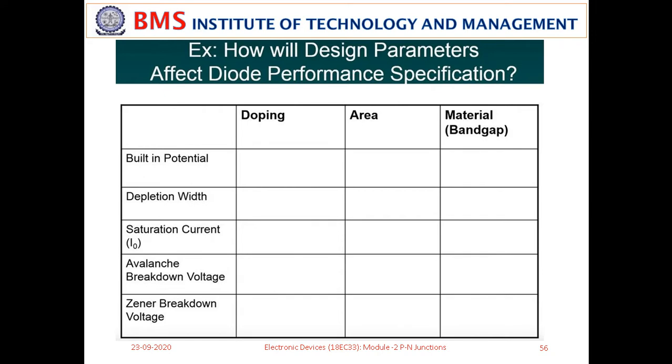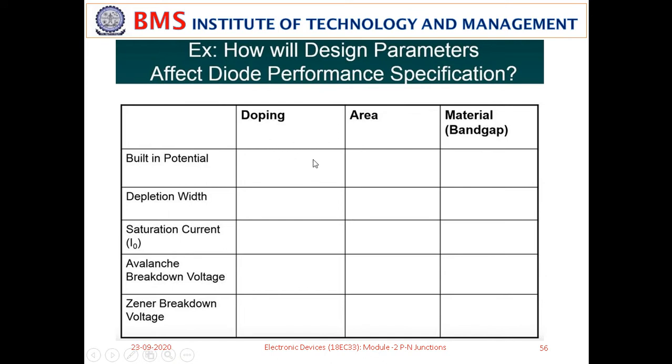I told you to fill these things in depending on the formulas that we have used. You observe built-in potential, depletion width, its relation with doping, area, material, saturation current, avalanche breakdown, Zener voltage breakdown. Based on the formulas we have discussed, you have to mention here whether, if you increase the doping or area, it increases the built-in potential or not.